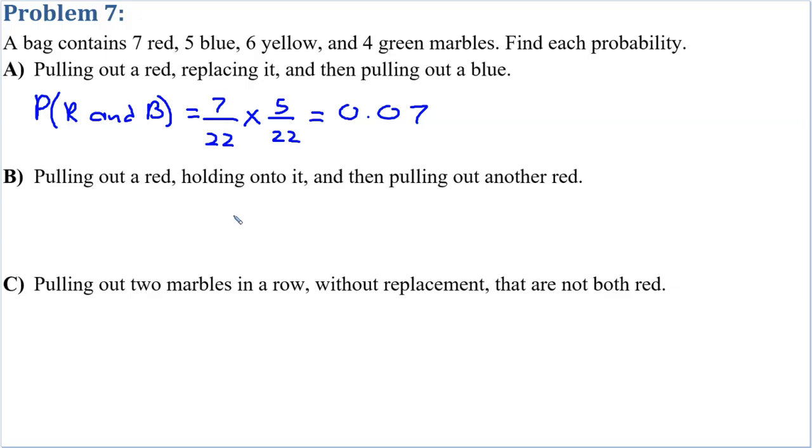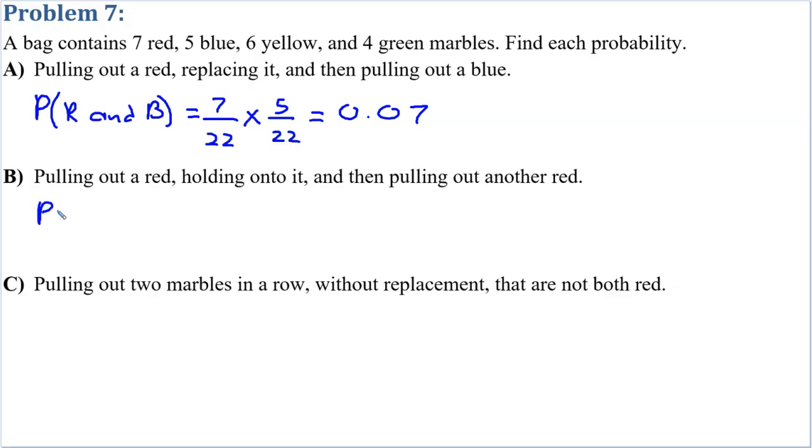All right, B, probability of getting a red, holding onto it, and then pulling out another red. Okay, in this case, I'm going to say that these two events are not independent. Okay, because since I'm going to hold on to my first marble, the chances for my second marble are going to depend on what I got for the first one.